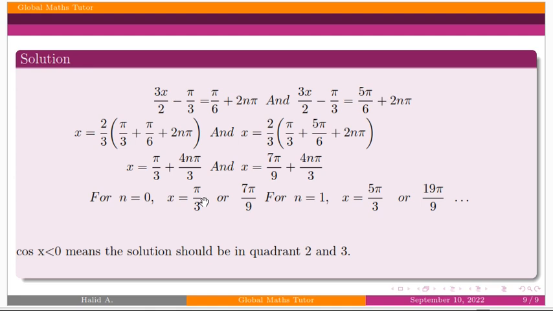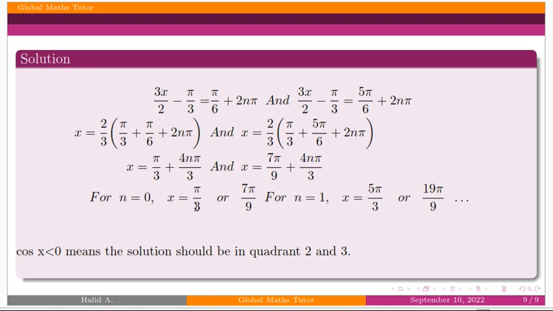So from those three solutions, we will select which satisfy the constraint that cos x must be less than 0, meaning its cos value must be negative. We know that cos is negative in quadrants 2 and 3. So from this list, we must choose a solution which is in quadrant 2 or 3.